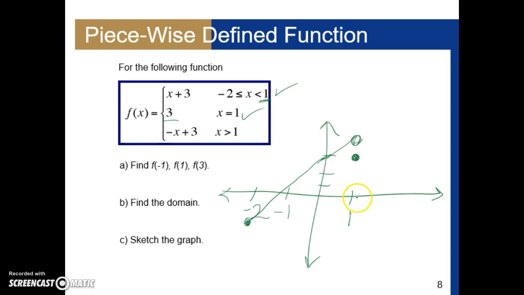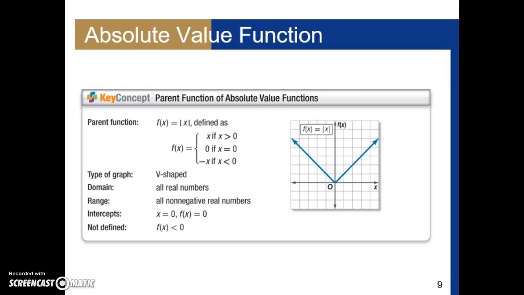So it comes down through here and would start, I don't know, somewhere along here, and it's going to continue to go to positive infinity. So there are the three pieces of our piecewise defined function, and that's what the graph would look like. It would have this linear piece, it would have this one point, and it would have this other linear piece, and we would have to show that it continues to go to positive infinity as far as our domain values are concerned. So not difficult to draw a piecewise defined function.